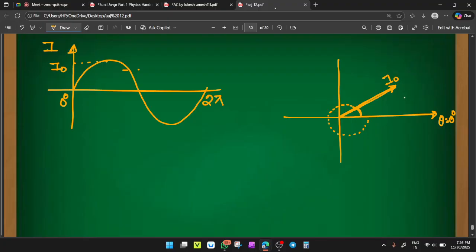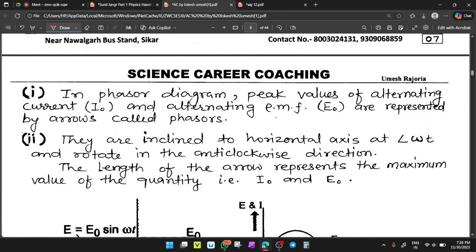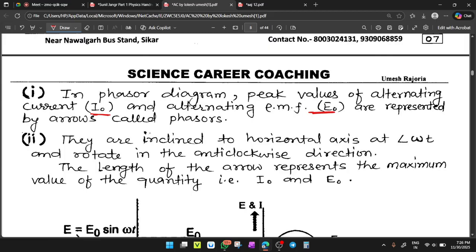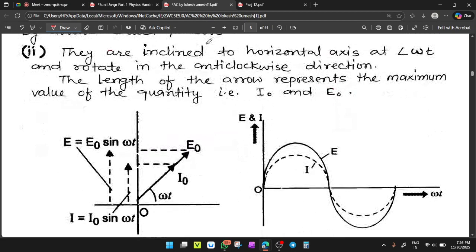They are inclined to the horizontal axis at angle omega t and rotate in the anti-clockwise direction. The length of the arrow represents the maximum value of the quantity, that is I0 and E0.